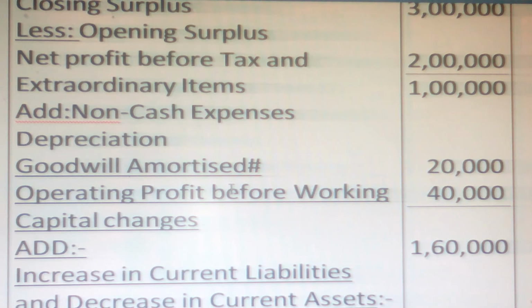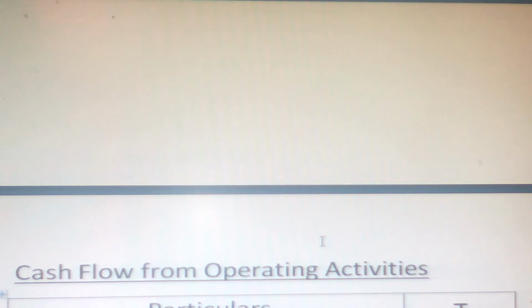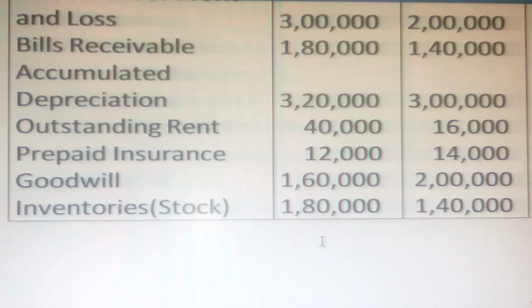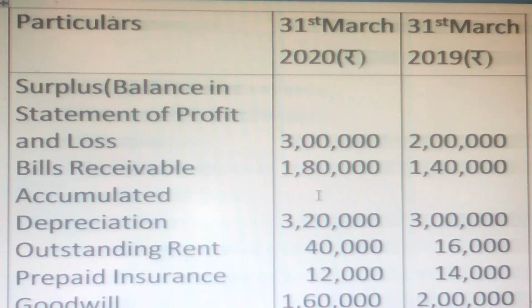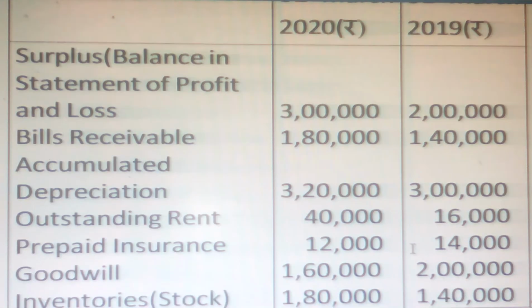As you know, what are our non-cash expenses? Depreciation. So depreciation is 20,000. See here, from the problem, accumulated depreciation 3,20,000 against 3 lakhs in 2019. So naturally depreciation is 20,000.